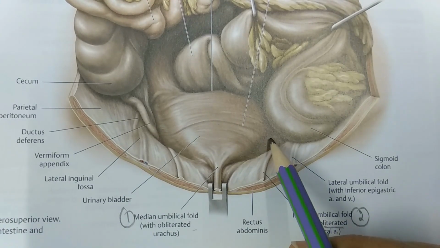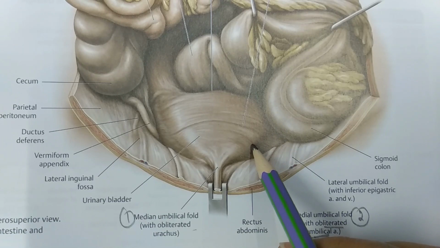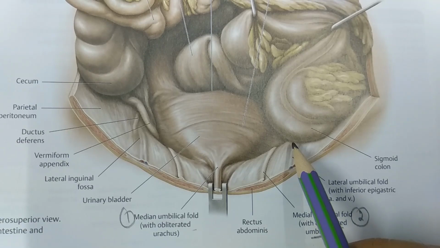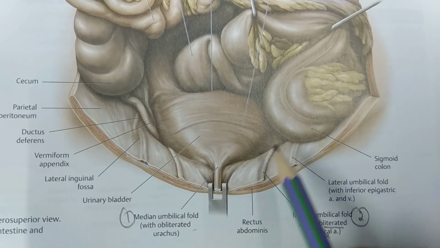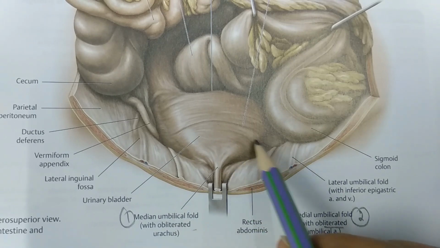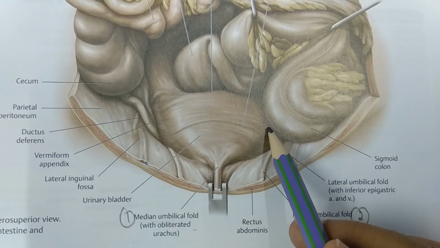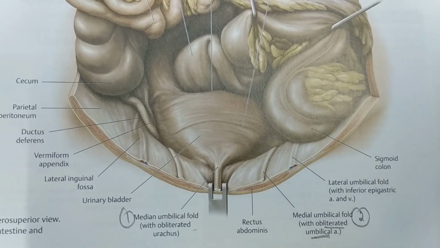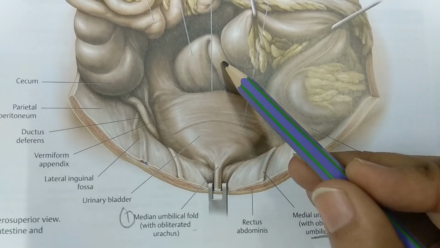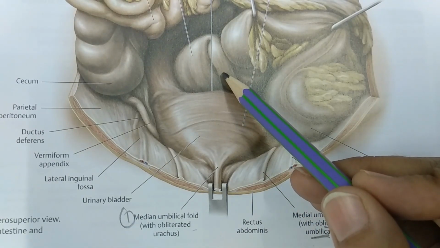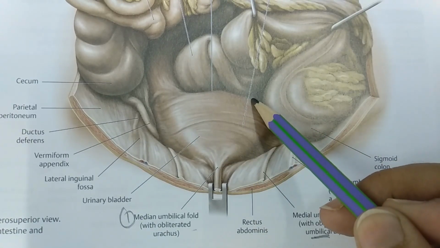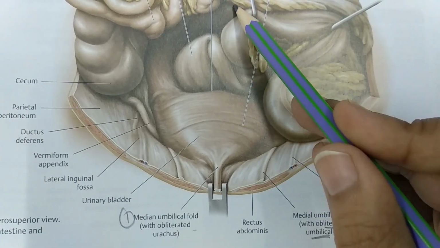Laterally, we have a pair of lateral false ligaments that extend from the bladder to the lateral pelvic wall, and they form the floor of the paravesical fossa on both sides. So this is the pair of lateral false ligaments, and posteriorly there is a pair of sacrogenital folds which extend from the lateral margins of the base of the bladder to the third sacral vertebra.